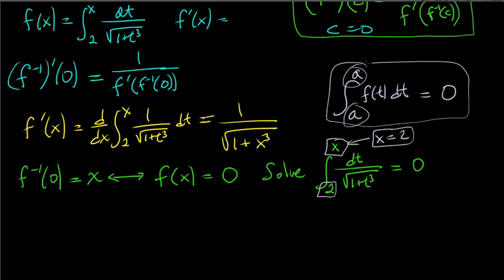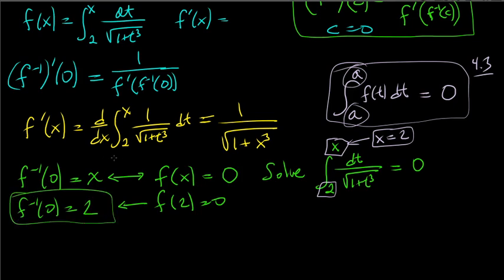Again, you have to know this property, but that's back in chapter 4, 4.2, 4.3, I think. 4.3. So, yep, look that up in section 4.3. So x is 2, which means f of 2 is equal to 0, or f inverse of 0 is just the number 2.